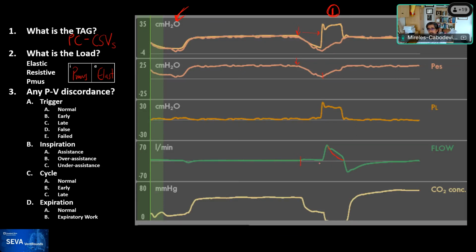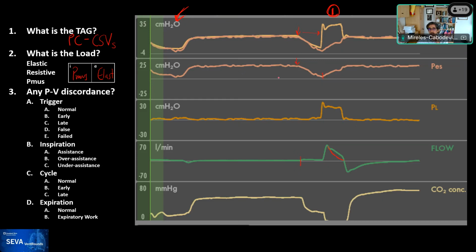And I cannot recall for $100 what we were doing, and perhaps Samin can remember, but I think that we were doing an end expiratory hold, and that's why we saw this change over here in the pressure, and then we released, and the patient got the breath after that, a time trigger breath. Samin, I don't know if you remember, but I think that's what occurred in this case.